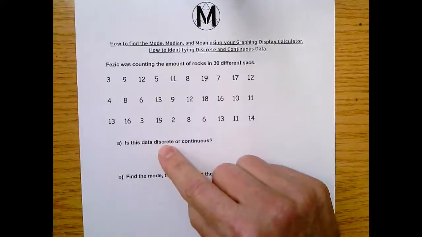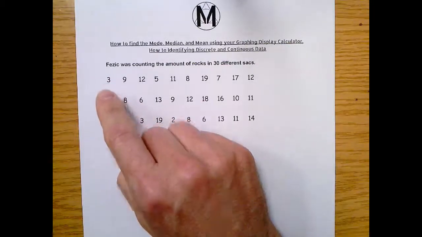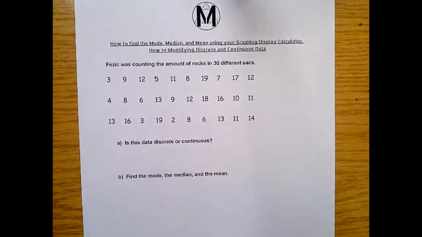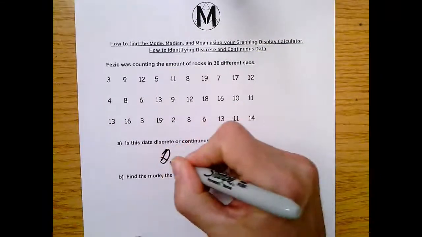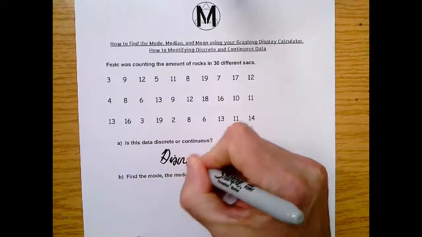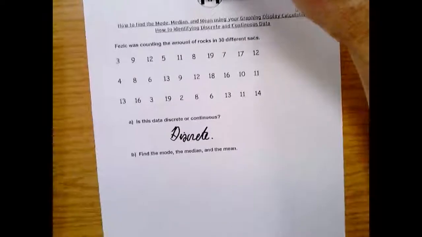Discrete is are you just counting something, and so in this case we're just counting rocks in sacks. Because we're just counting, and because you can't get more precise with your counting, we just say it is discrete. So our answer is it is just discrete.